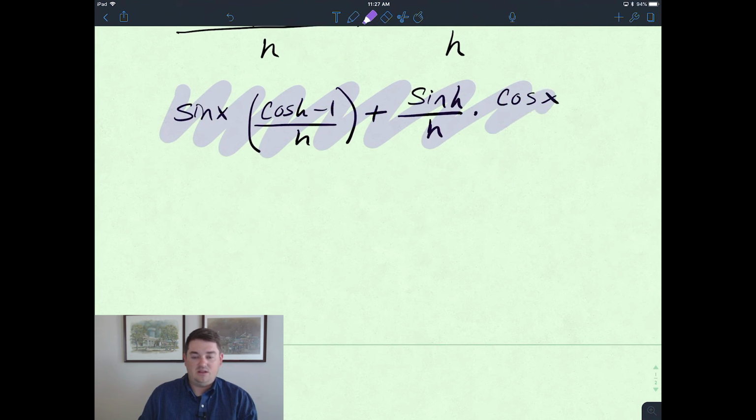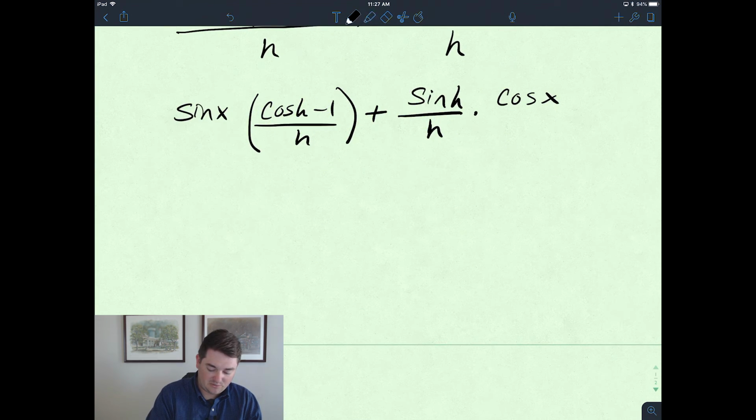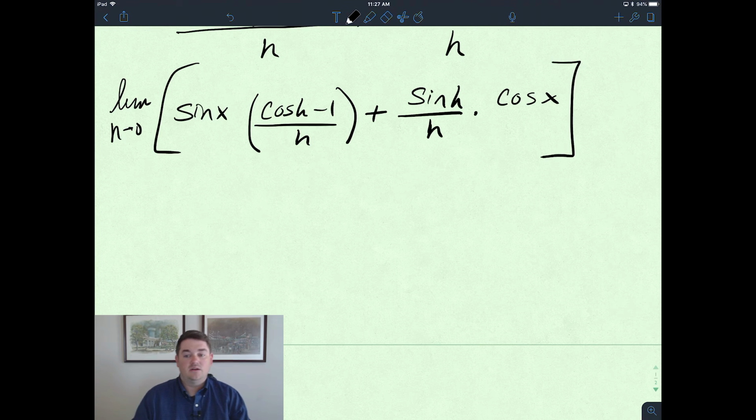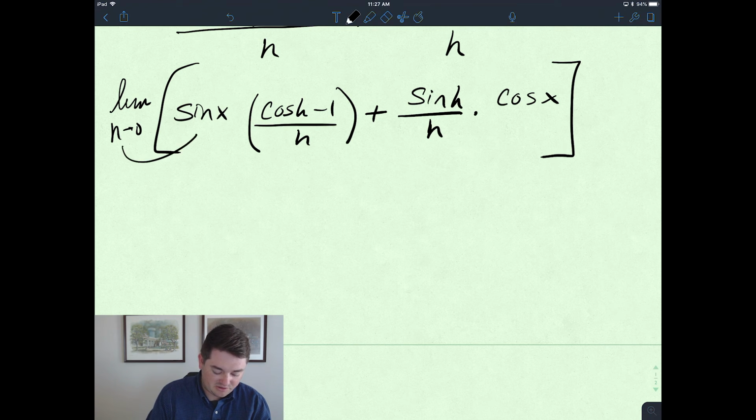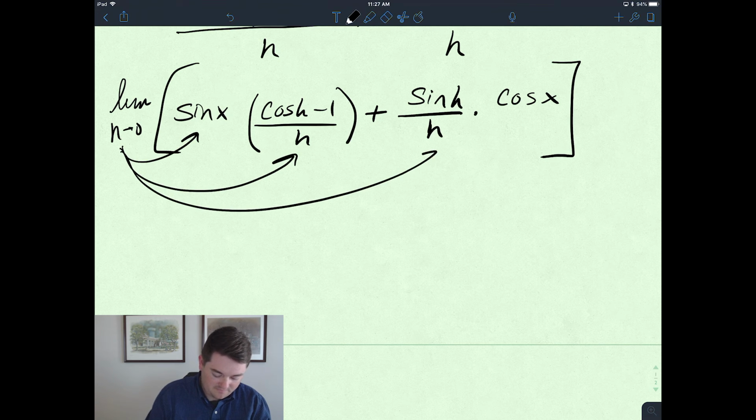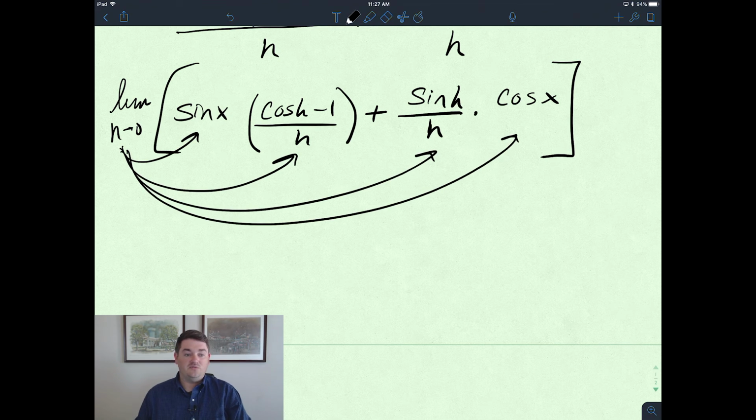So I've taken this original expression that I had up here, manipulated it, reworked it, so now it looks like this. And remember, why are we here? We're actually applying a limit to all of this, okay? And using limit properties, I can actually distribute, not that you're really distributing, but I can apply the limit as h approaches 0 to all of these separately.